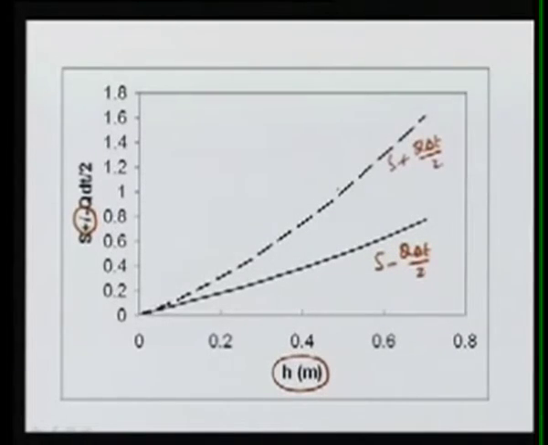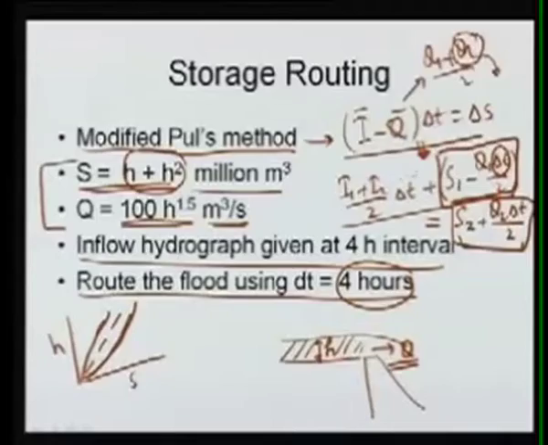These two curves can be plotted, and pulse method consists of graphically doing the computations. So when we start, I1 plus I2 by 2 delta T, we can compute S minus Q delta T by 2, we can obtain from the graph for the given H.